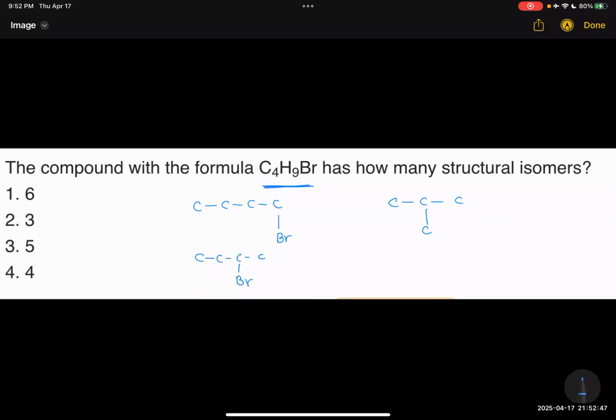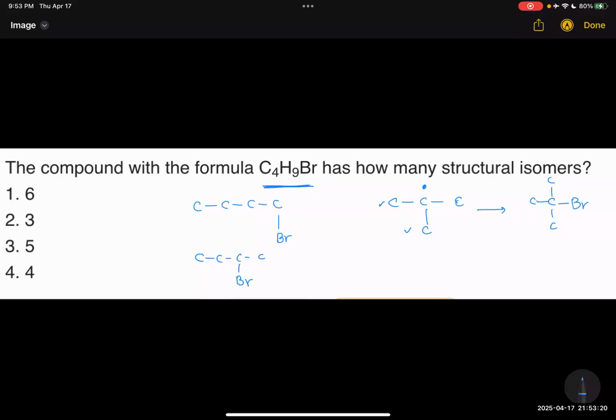And in this one, you can put the Br in the middle, or you can put the Br on any of the 3 methyl groups. All these 3 methyl groups are same. Is it clear or not? So you can have 2 isomers from this one. I hope you are getting what I am doing, and that is very important.